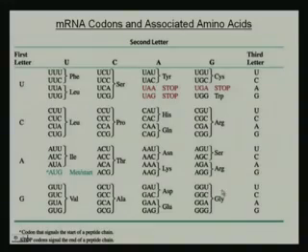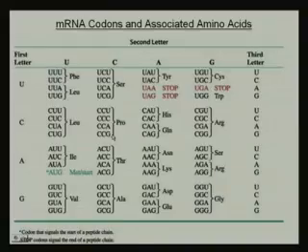For example, for GGU, GGC, GGA, GGG, these 4 codons code only one amino acid, glycine. AGU, AGC is serine, AGA, AGG is arginine, and in this way the 64 codons code for certain amino acids, and that is the reason it is called degenerate.